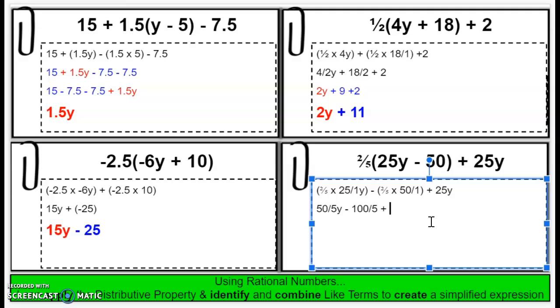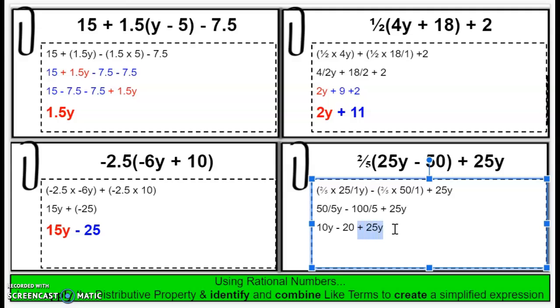And then I'm just going to bring down that last term, 25y. I'm going to simplify my fractions by dividing because my top number is bigger than my bottom number. So 50 divided by 5 is 10y. 100 divided by 5 is 20. And then I'm going to bring down that last term.